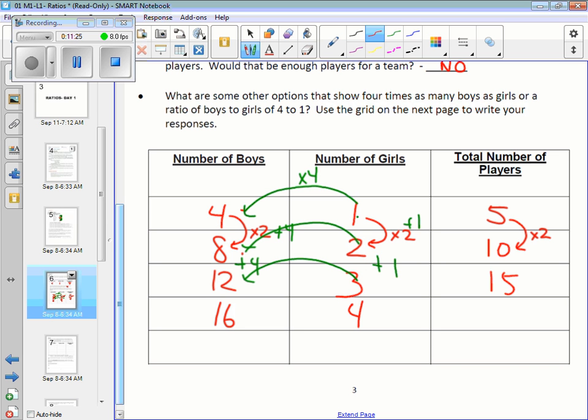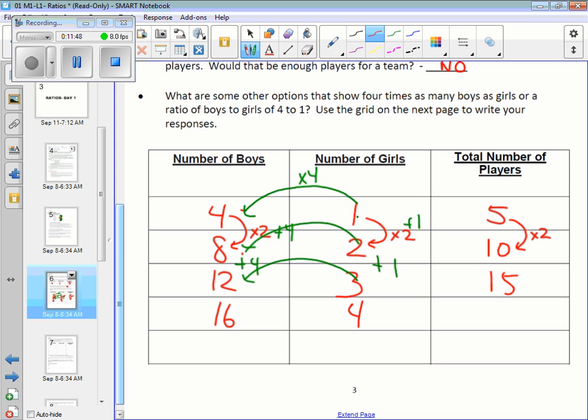Okay. Would be 16. You're going to find when we do ratios, I'm going to show you so many different ways to do it, and really it comes down to you pick the way that works best for you. Like this ratio table, I've showed you how you can do it using multiplication.